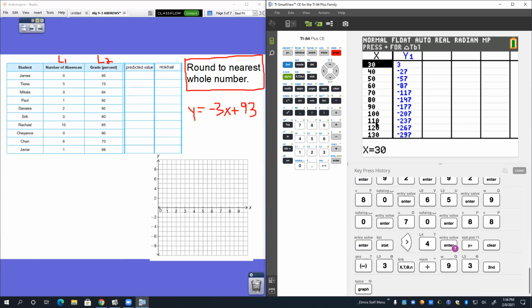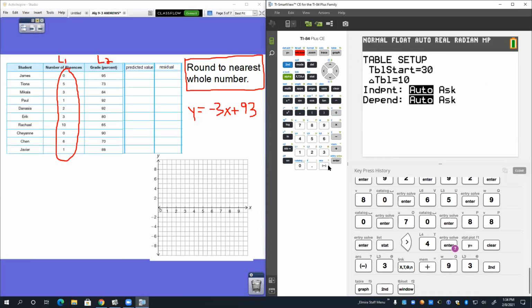Because we messed with the settings in the last problem, we got to change them back. Notice that now for our x values, we have 0 through 10. So I want to go back to my table setup, second window, and change it back to what it started off at. Start at 0, count by ones. You could have also erased the memory and started over again. That's fine to do it that way.